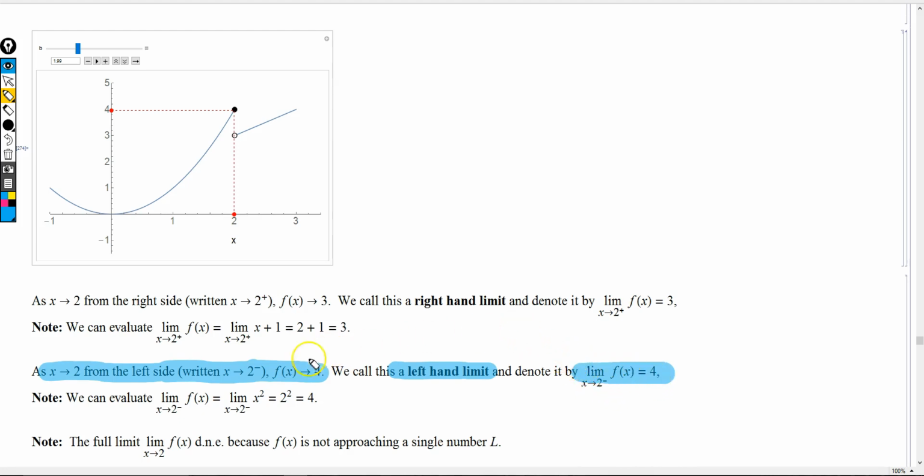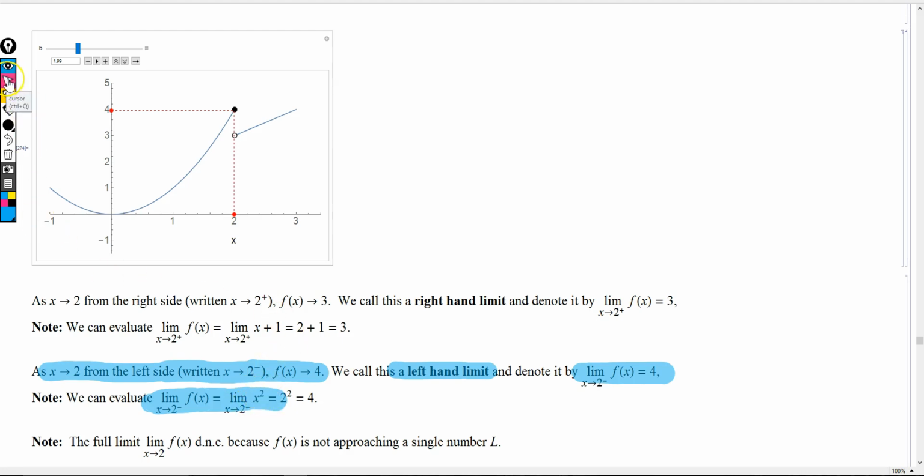Now notice we can evaluate this 4. We looked at it graphically up here, but we could evaluate it by just writing limit as x approaches 2 from the left equals limit as x approaches 2 from the left of x squared. Notice that for x less than 2, f of x was defined to be x squared.